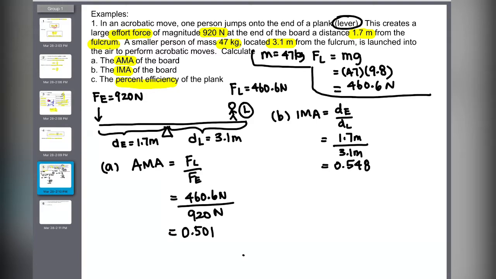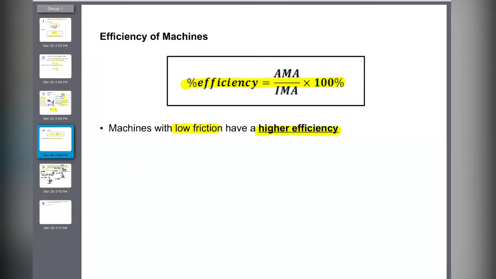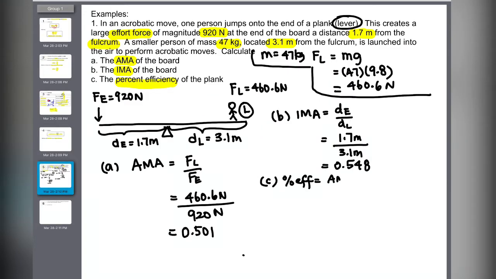And then they're asking you what is now the percent efficiency. So percent efficiency, now you go back to the equation again. Percent efficiency is AMA divided by IMA times 100%. So I calculated AMA to be 0.501 divided by the IMA that we found from part B, 0.548.